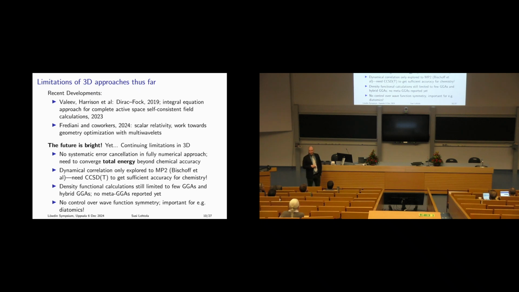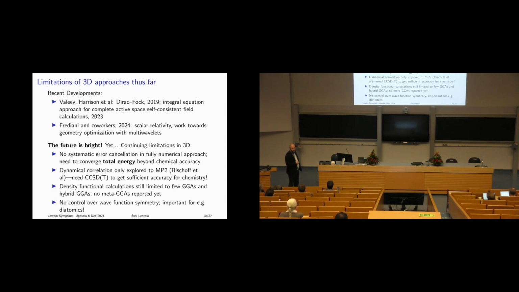these are the reasons why I have not entered that field. First of all, there was already competition. The second issue is that you don't have the systematic error cancellation that you have in atomic orbital basis sets. In atomic orbital basis sets, your total energy might be wrong by Hartree, but still your relative energies are really nice.